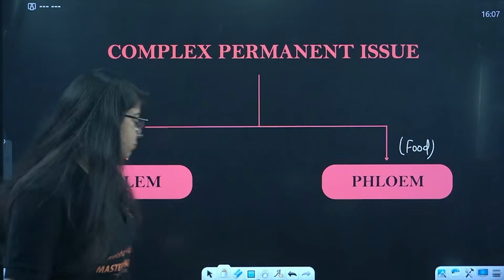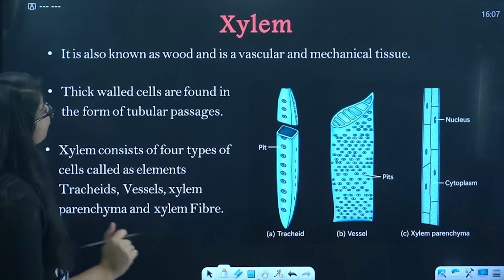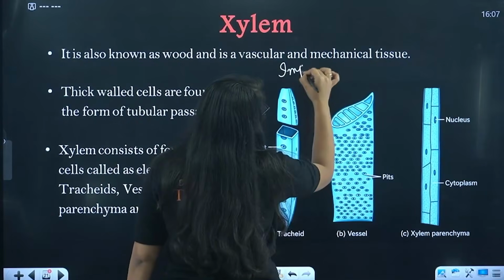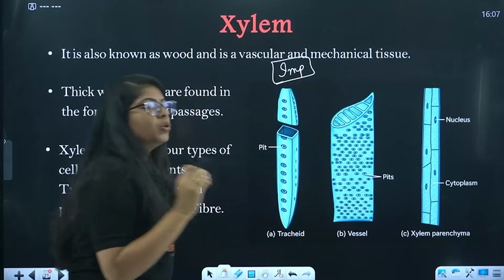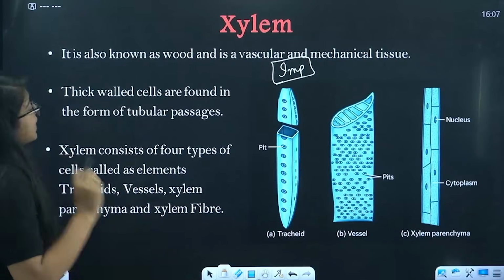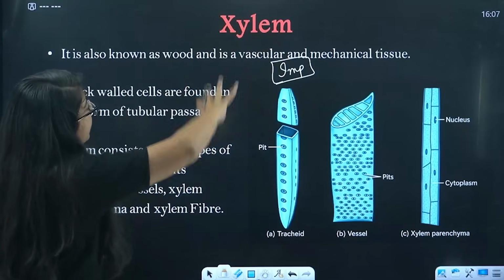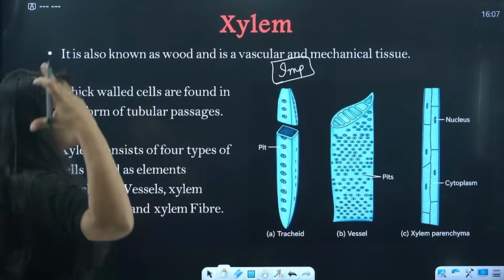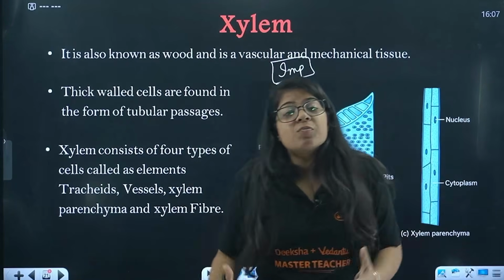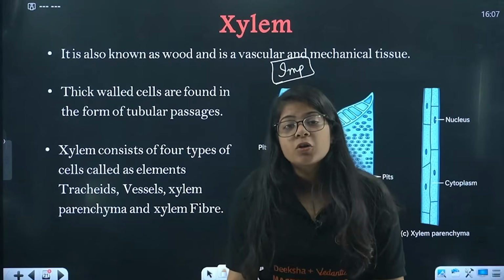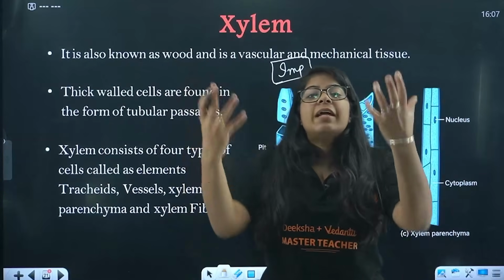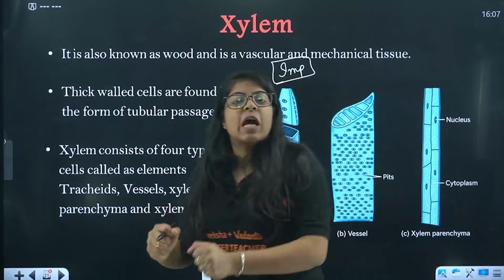Now, beta, talking about xylem, these diagrams are very important, so you have to learn how to make them. Xylem is a vascular and mechanical tissue. What do we mean by mechanical tissue? It works mechanically, taking the water to the upper part against gravity, so it has to do lots of mechanical work.